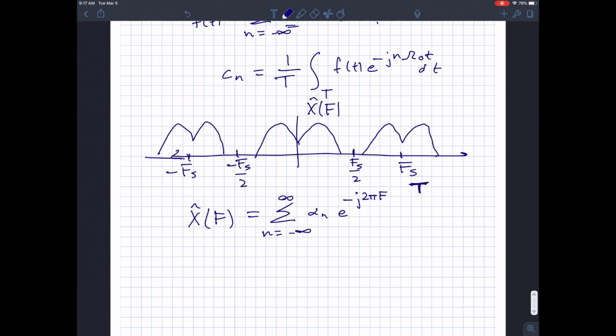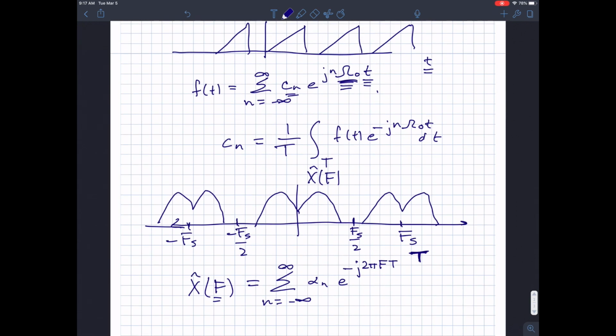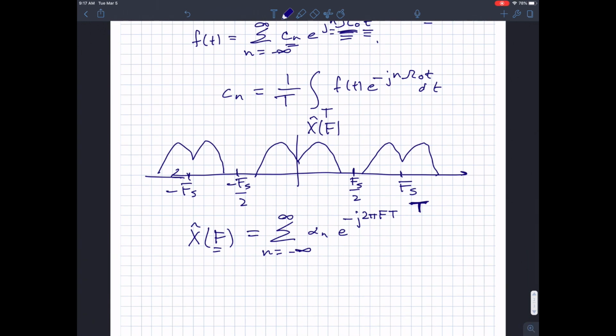F is the continuous variable, so that needs to stay continuous because this is a function of f. And then I need the equivalent of omega naught. In the time domain, the equivalent would be capital T. And then just like with Fourier series, I'm summing over integer values, so this would need to be an n right here.